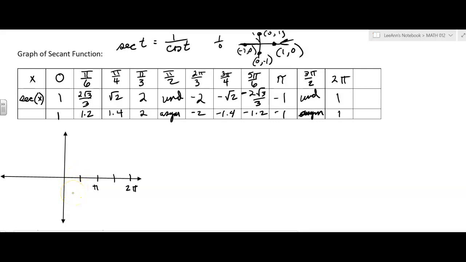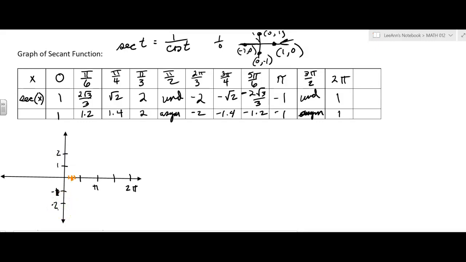Halfway between would be pi over 4, and then a little bit before that is pi over 6, and a little after it is pi over 3. Now we're going up to 1, and let's go down to negative 1. We do have a 2 in there, so let's go up to 2, and we can go down to negative 2.